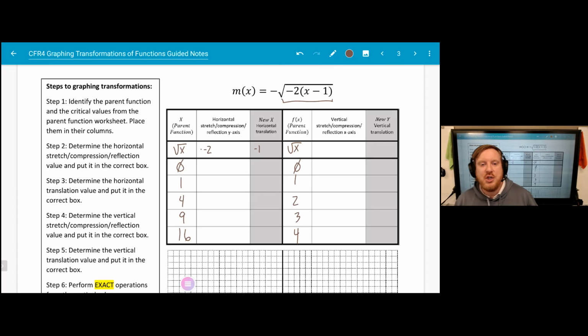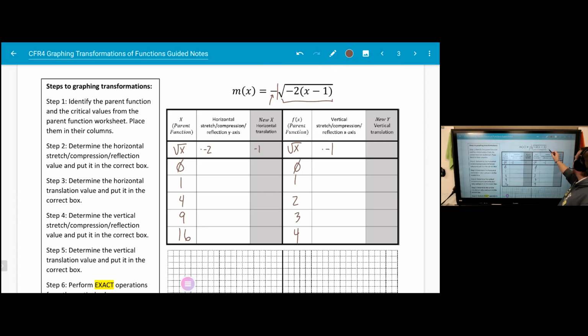Okay. Let's check out the vertical stuff. Well, we've got this negative just hanging out here. What does that mean? Negative what? Oh, it's a -1. We just don't write the 1, right? Just like when we have 1x, we don't write 1x, we just write x. So that's like a -1 multiplying on the outside.